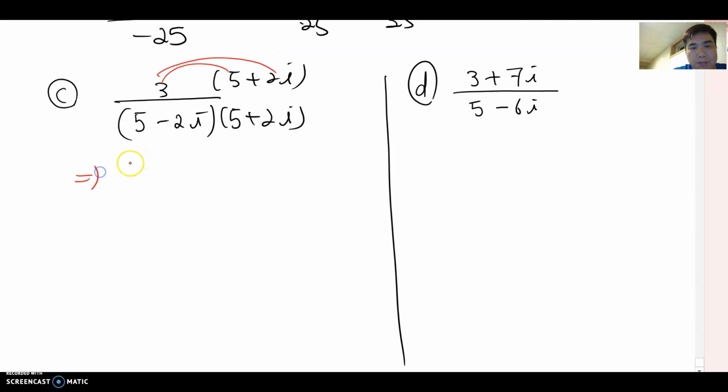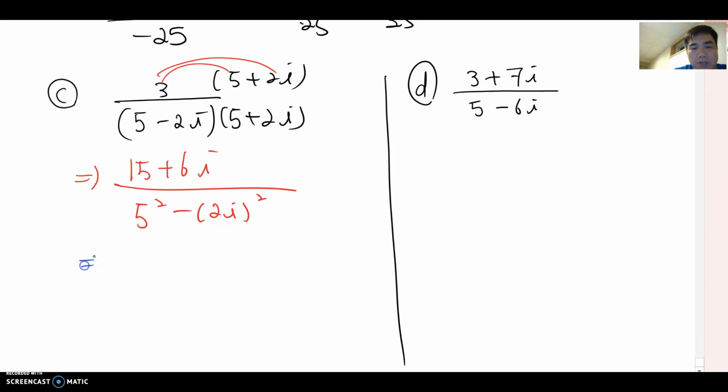Now, the numerator, you have to distribute and find the multiplication. So this becomes 15 plus 6i. Now the denominator, we know the property: if we use the conjugate, then it is the first factor squared minus the second factor squared. So I'm going to make 5 squared minus 2i squared.